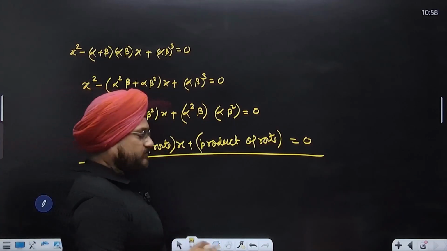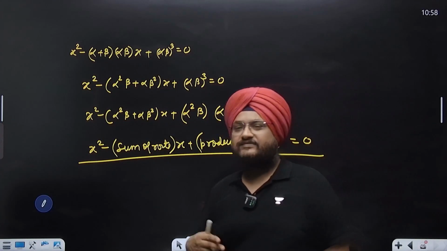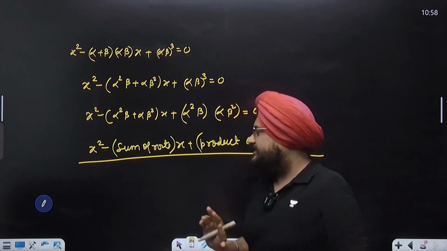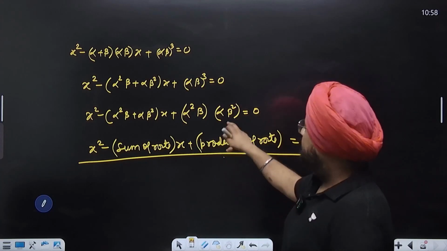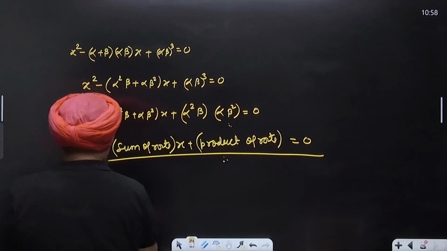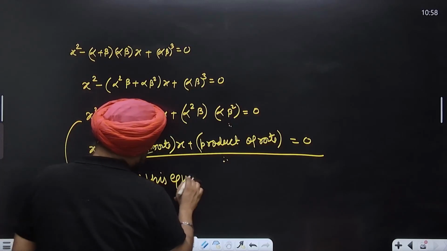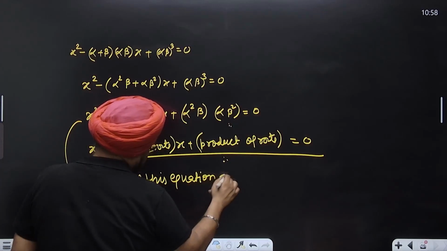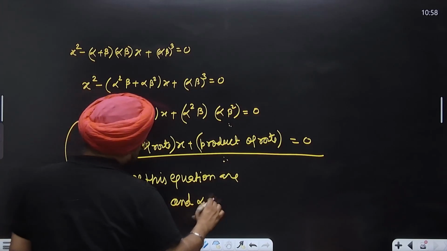We have told you earlier that if the roots are given, then we can write the equation as x square minus sum of the roots into x plus product of roots, and when we compare these two, we can say that the roots of this equation are alpha square beta and alpha beta square.